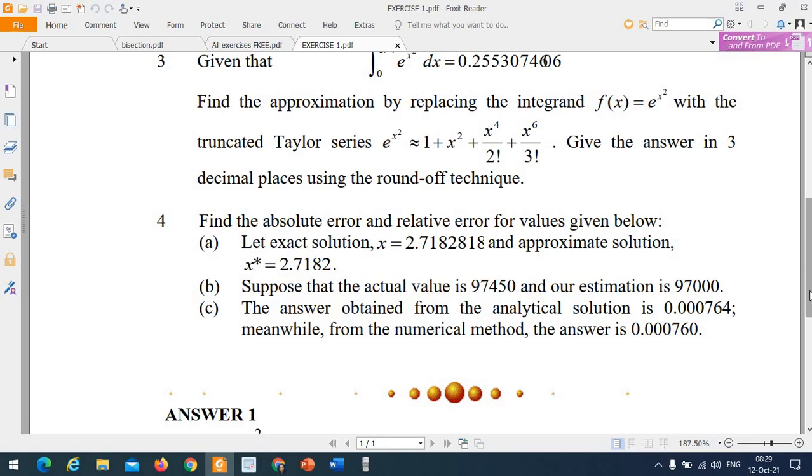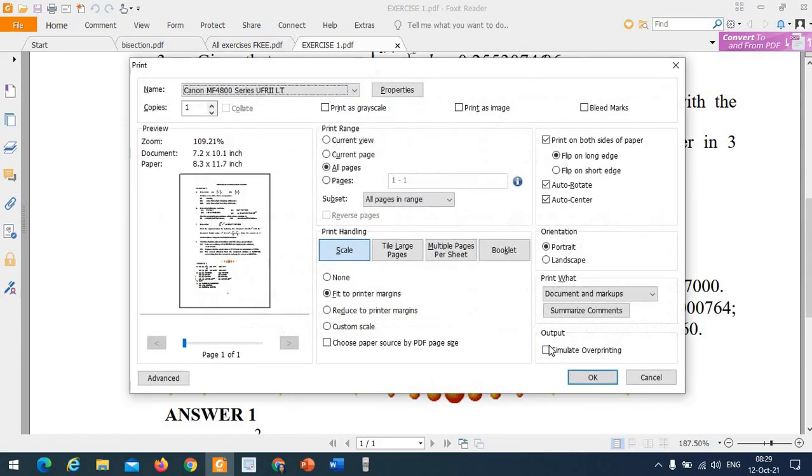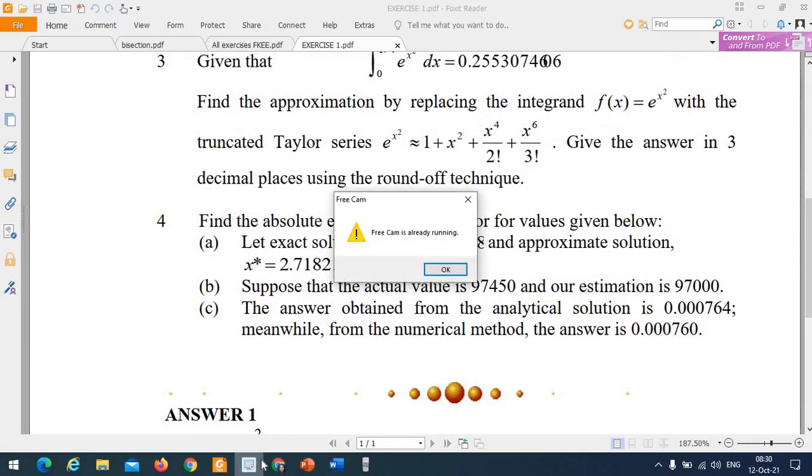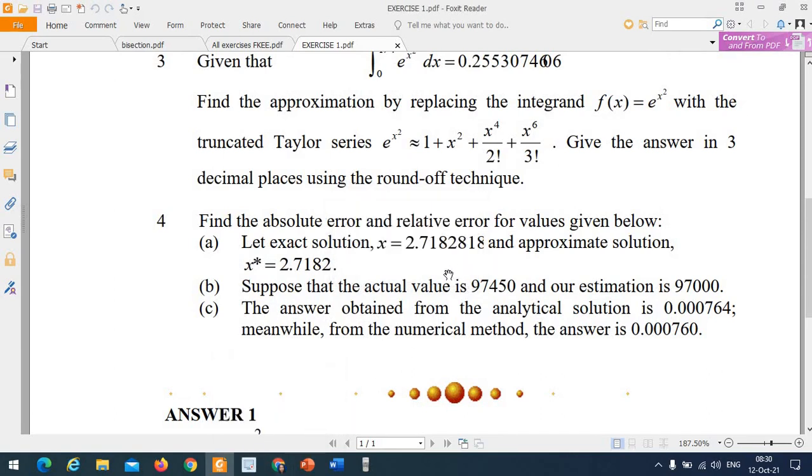Question 4, calculate absolute and relative error. Is there any more questions? For other questions?